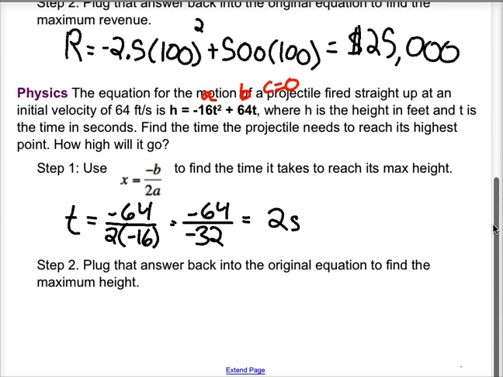Well, now I want to know what is the actual height. Now that I have the time that will give us that maximum height, all I have to do is plug that back into my original equation. And remember, whenever you plug something in, you want to put it in parentheses. So I'm plugging the 2 back into my original equation because I want to know what is that actual maximum height.